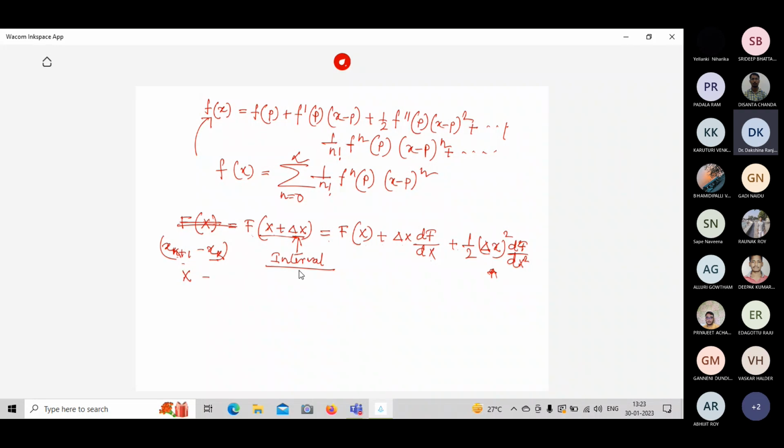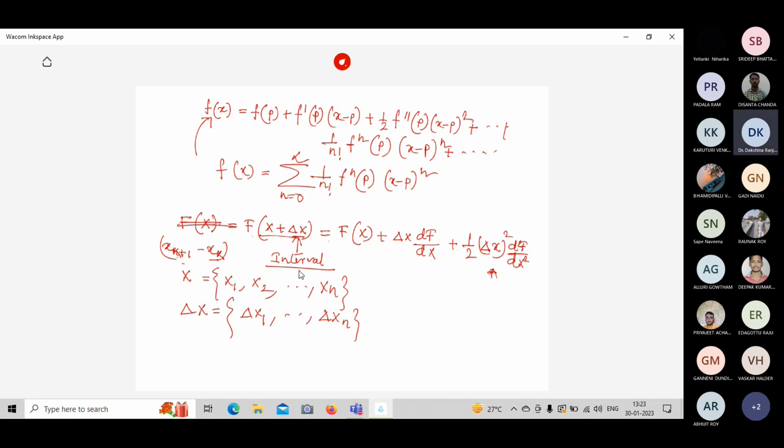So here we can write x equals x1, x2, up to xn. So we have n number of variables, and for n number of variables we will have n number of intervals. Okay, so we can write del x1 to del xn.